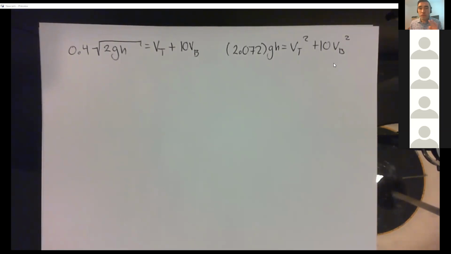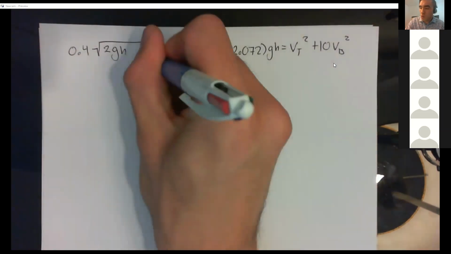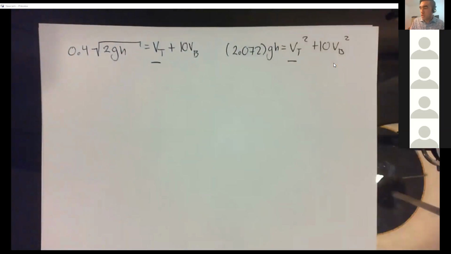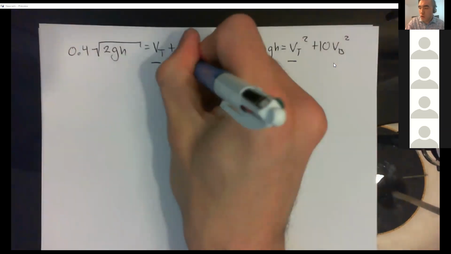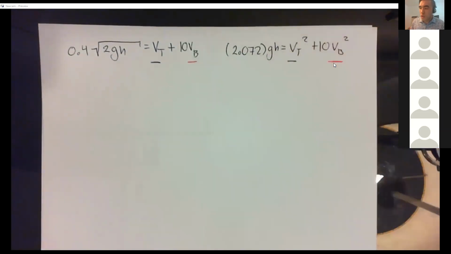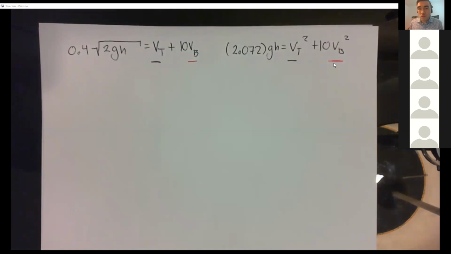So whatever variable you are going to use to substitute across is not the variable you are going to end up with. So if you notice here, what I want is vt, so I'm going to substitute across vb, because that's not what interests me here. Now, once you have vt, you could easily solve for vb, but just for your own knowledge, if you're doing substitution to get a variable, whatever variable you set equal between the equations, that variable will not appear in your answer.